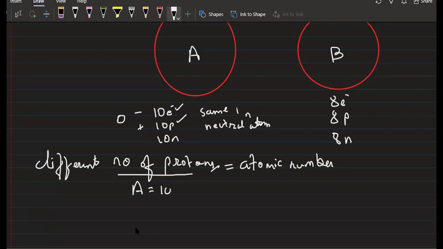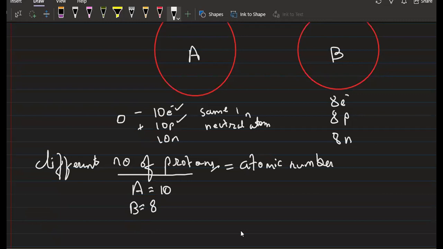Got it? Very good. And for B, it is 8. Got it, everyone? So now you know what your atomic number is.